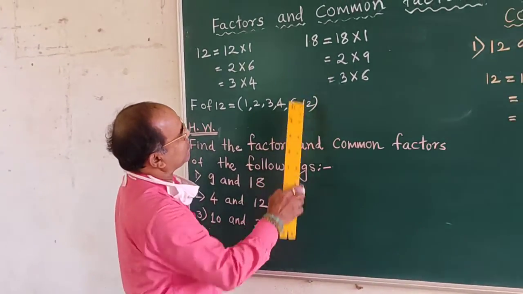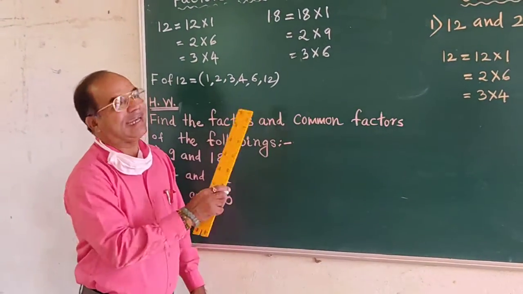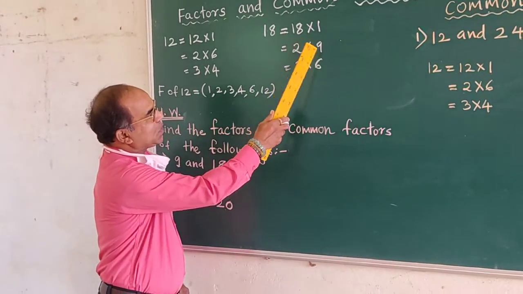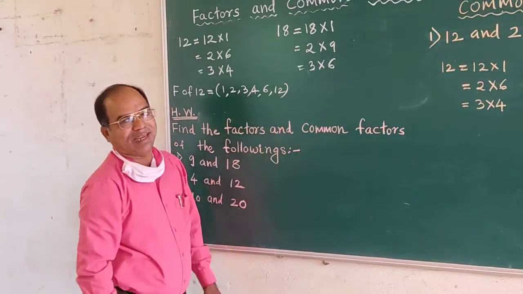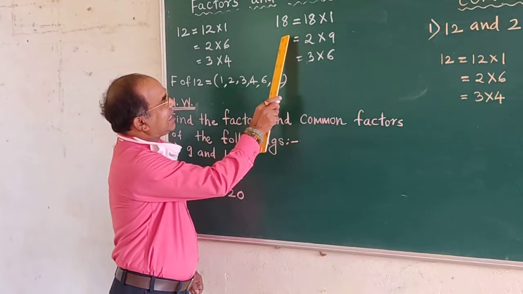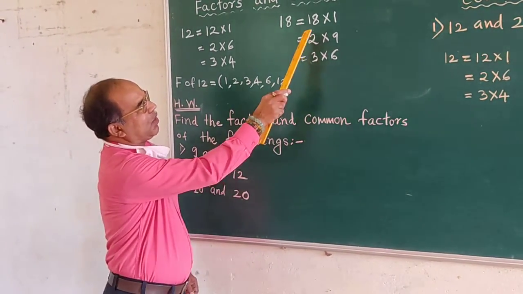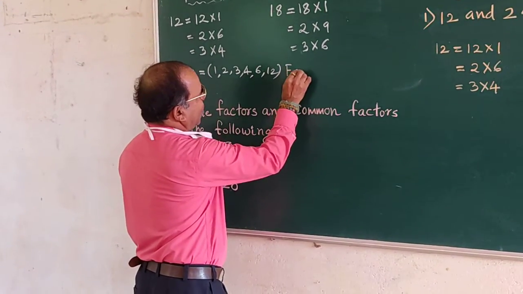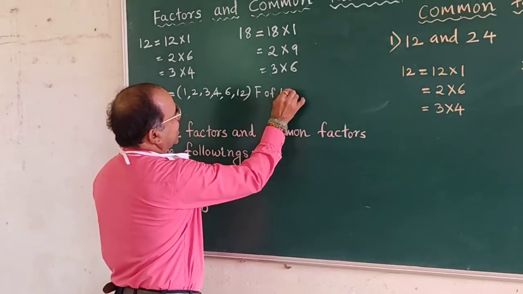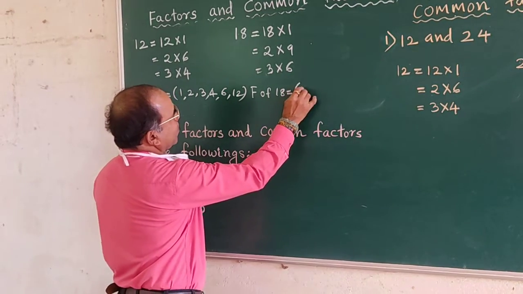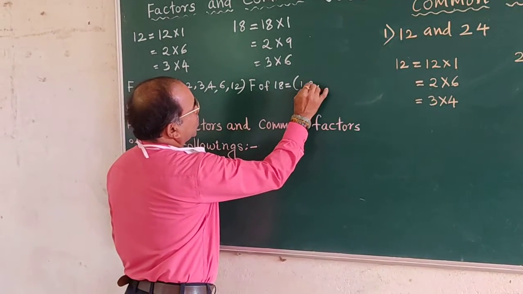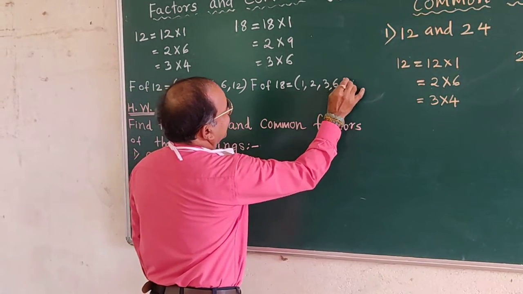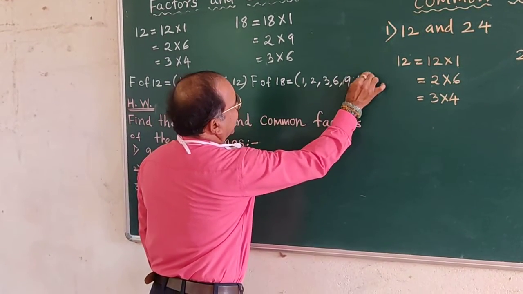Then here is one more example I have written, that is 18. 18 is 1 into 18, then 2 into 9 is 18, 3 into 6 is 18. So that means 18 is exactly divisible by all these numbers. So factors of 18 is equal to 1, 2, 3, 6, 9 and 18.